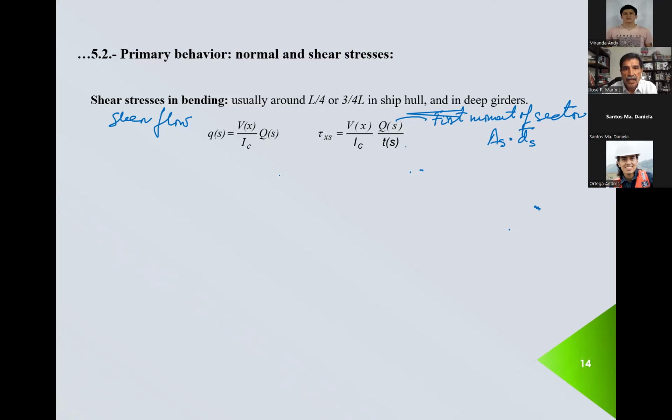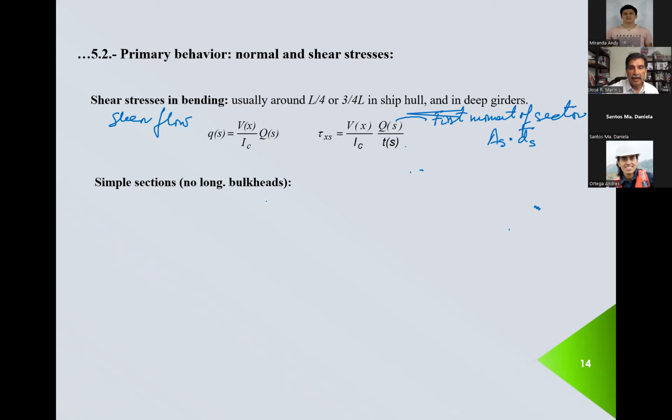This is the inertia, this is the shear force, and this is the thickness. T of s is the thickness with the general changes, okay? So these are the expressions that we employed in chapter 2.